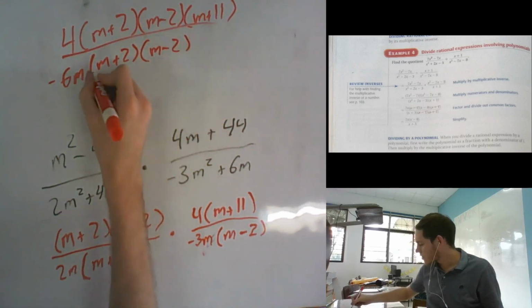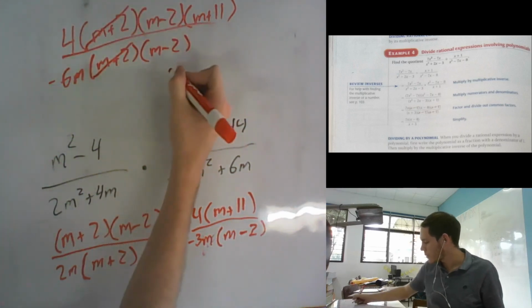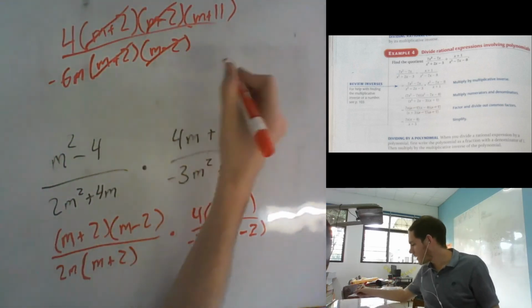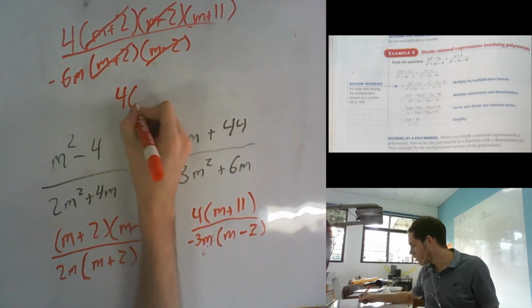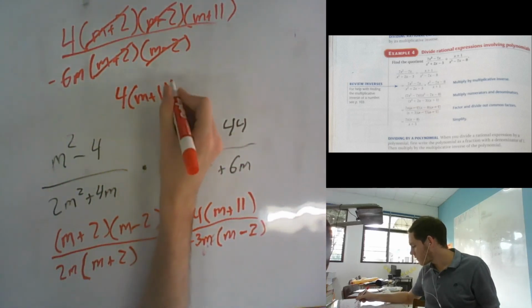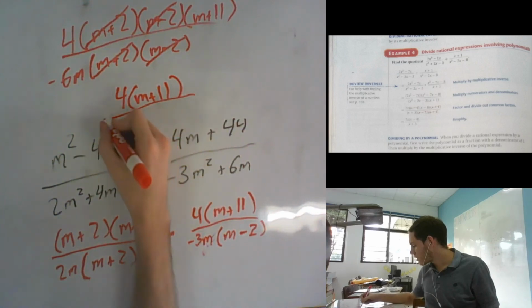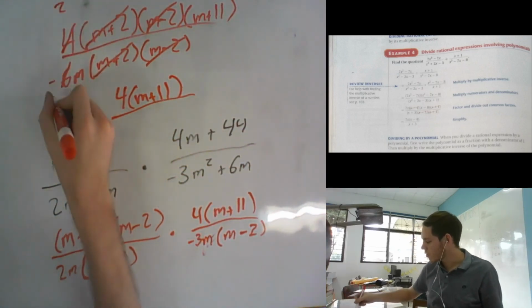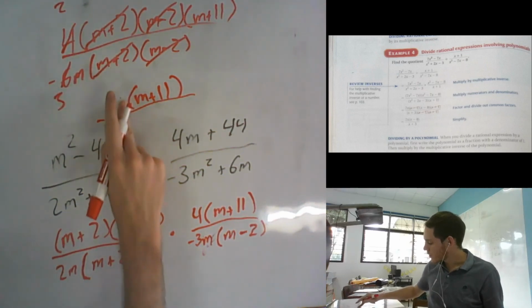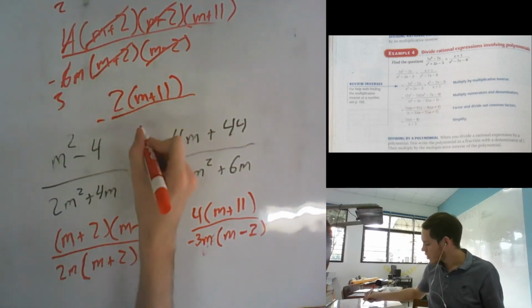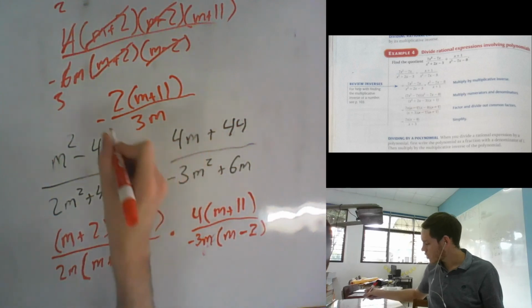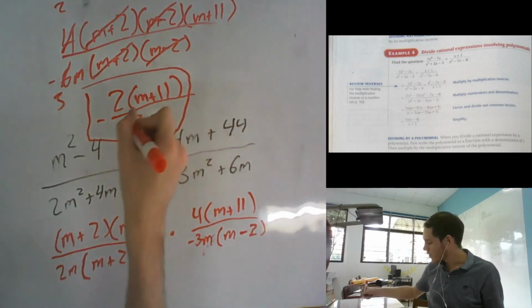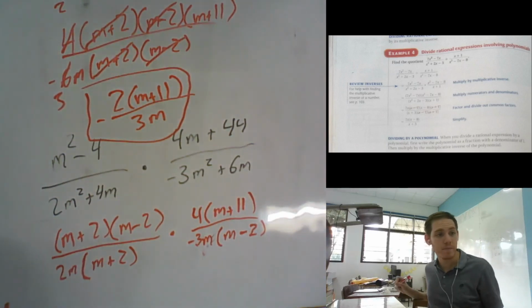And what can we cancel? The m plus 2 and m plus 2, and the m minus 2 and m minus 2. So what we get is 4 times m plus 11 over, the 4 and the 6 can cancel, so we get 2 over 3. So then it becomes negative 2 times m plus 11 over 3m.